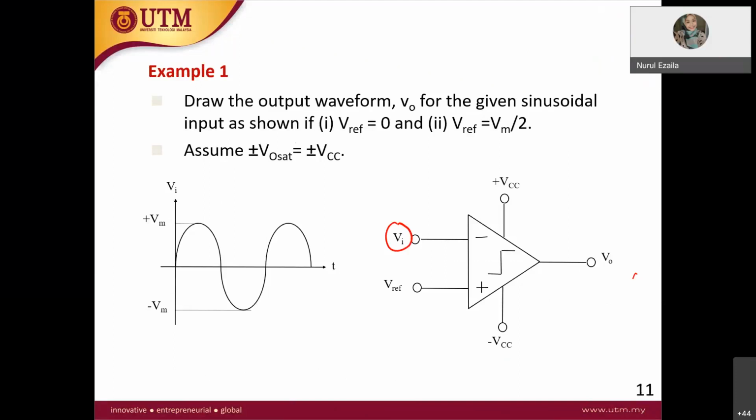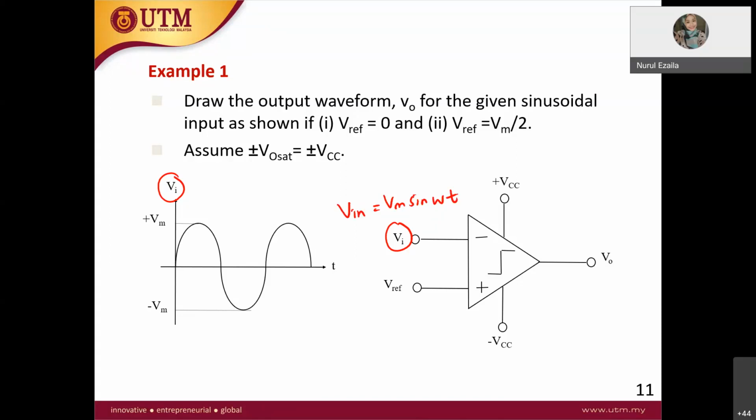V in here is actually equal to Vm sine omega t, because this is sinusoidal. Why Vm? Because the maximum point there is Vm.